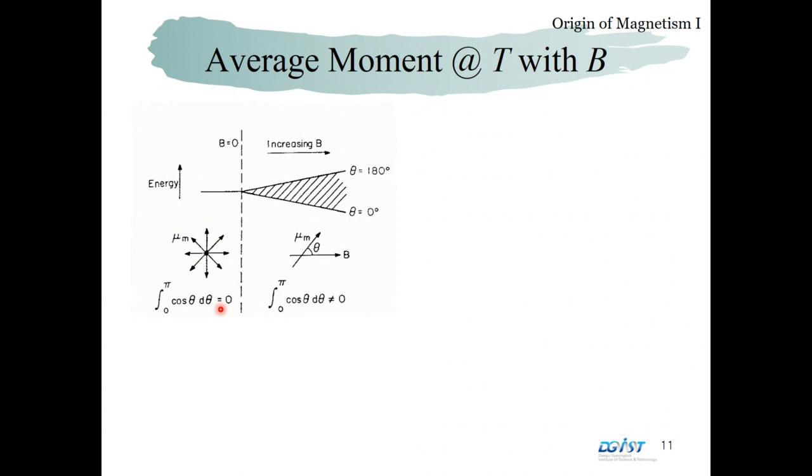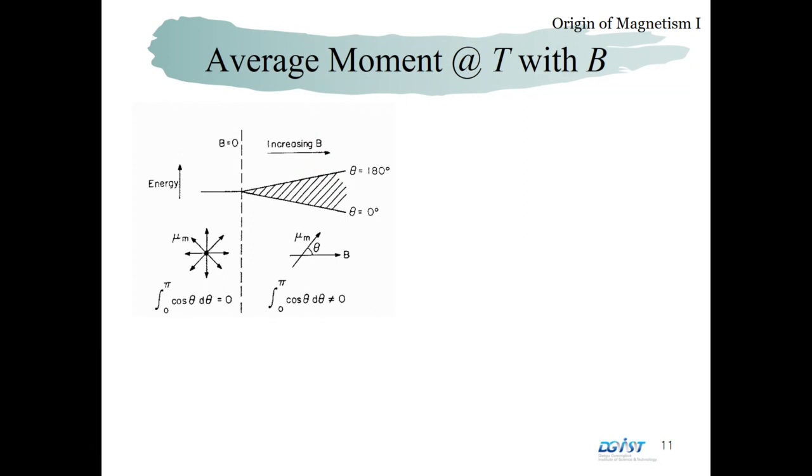If you take the integral or the average, it should be zero. But if we have a certain amount of B field, the energy difference between parallel and anti-parallel is different, and the difference has increased by the magnetic field.